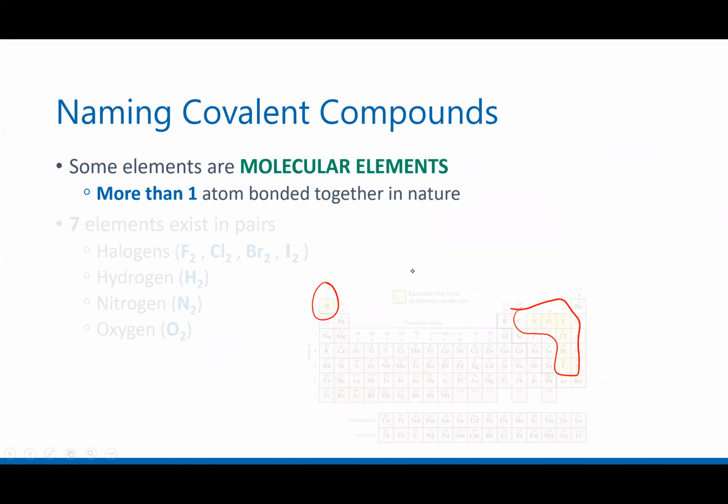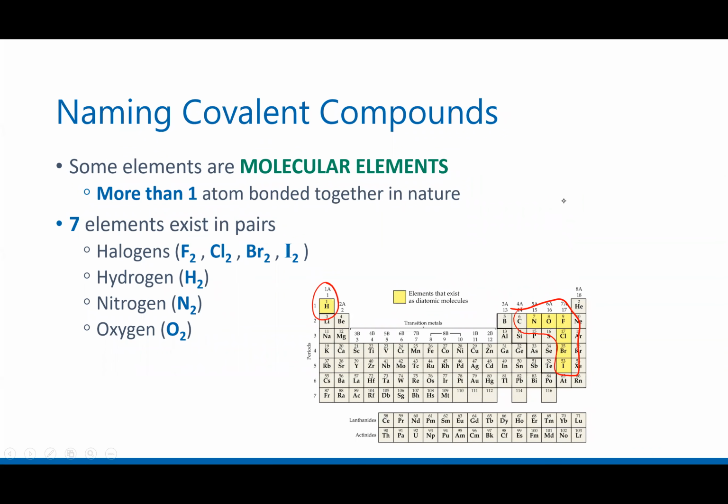The first names, you can see my writing there, are for molecular elements. These are elements that exist as small molecules. What I mean is there is more than one atom bonded together, but it's in nature, meaning it's naturally how we find these elements.